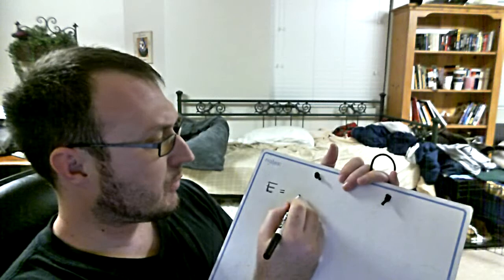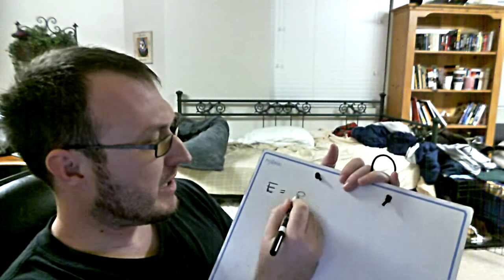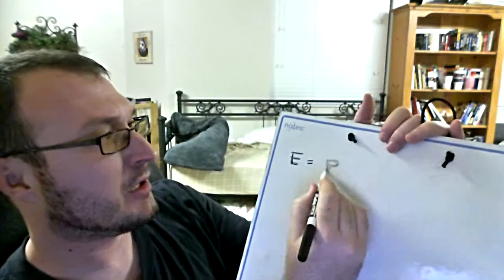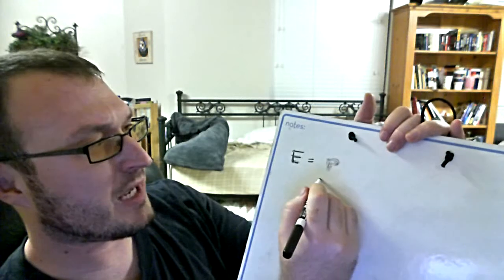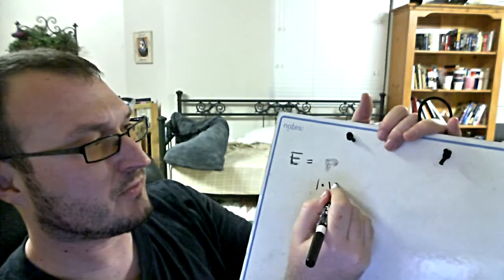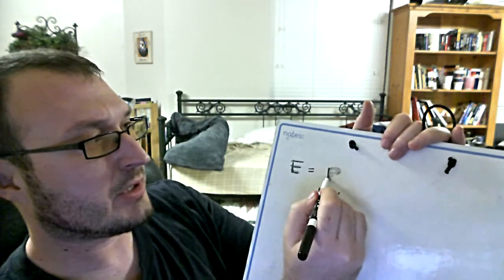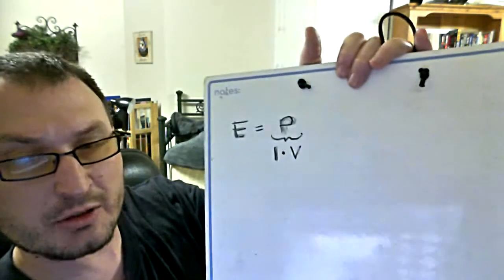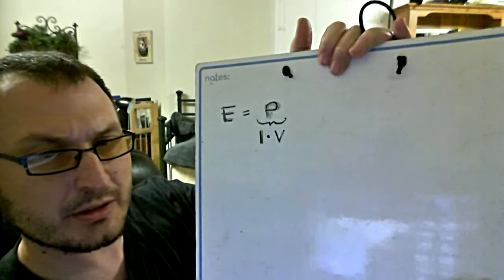The electrical power is given by the current times the voltage. So the power is the current times the voltage.